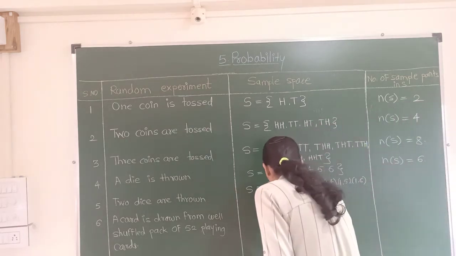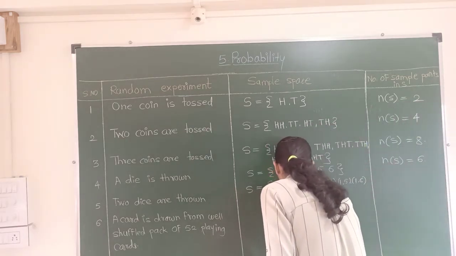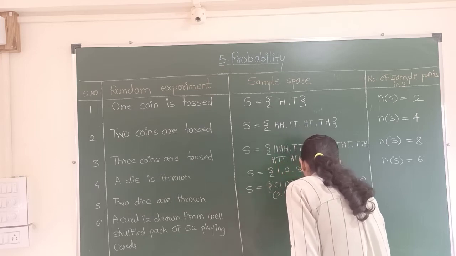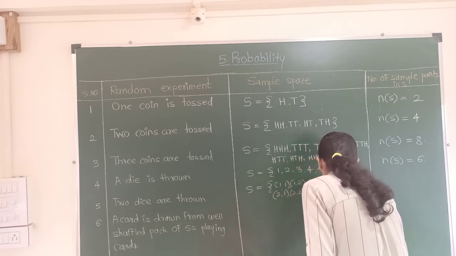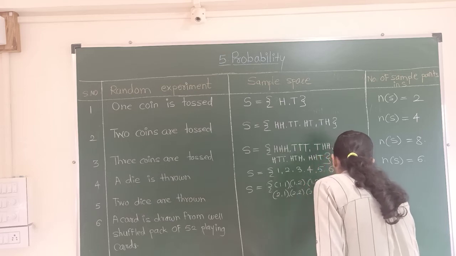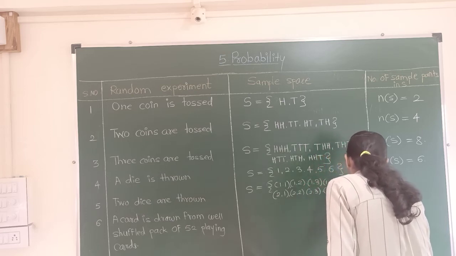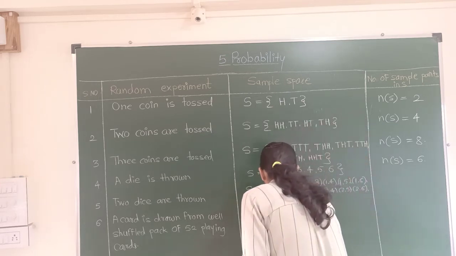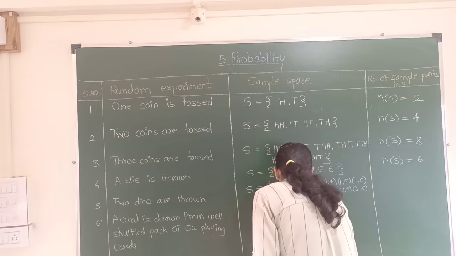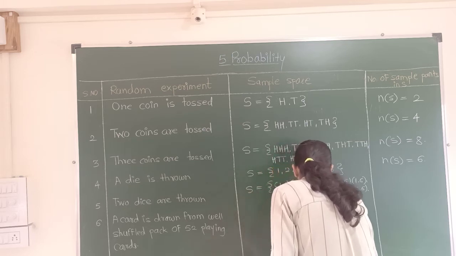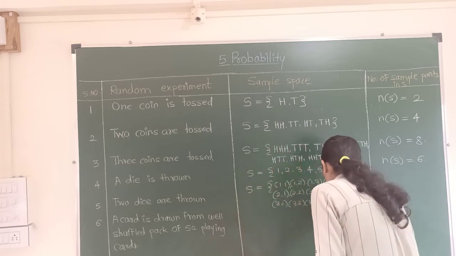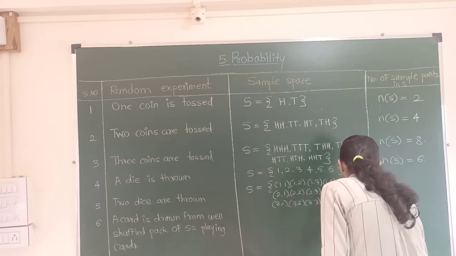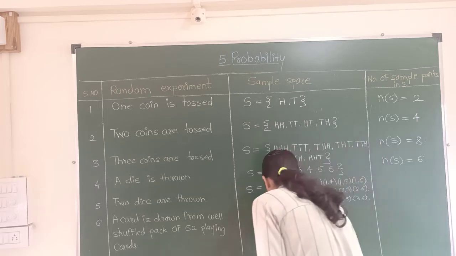So it can be first one 2 and second one 1, it can be (2,2), (2,3), (2,4), (2,5) and (2,6). For the next, it can be (3,1), (3,2), (3,3), (3,4), (3,5), (3,6), it can be anything.